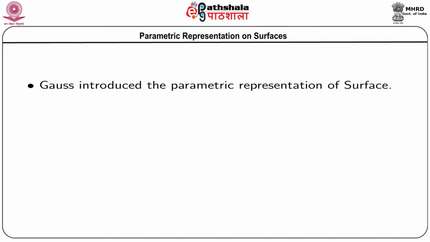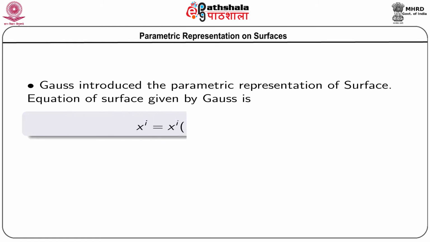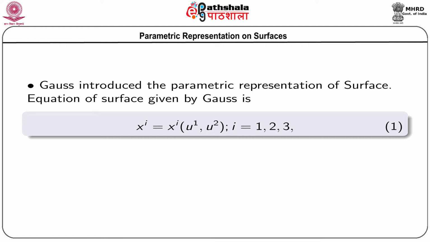Thus, the German mathematician Gauss introduced the parametric representation of surface. So, the equation of surface given by Gauss is x_i equal to x_i(u1, u2), i equals 1, 2, 3. That means, u1 and u2 are the 2 independent variables, the parameters, by which the equation of surface is represented.